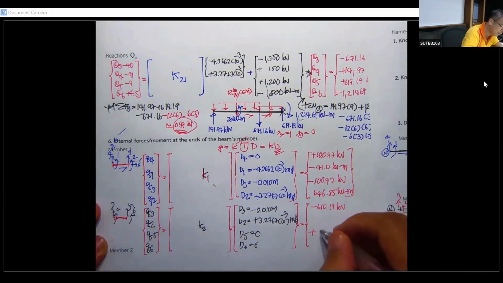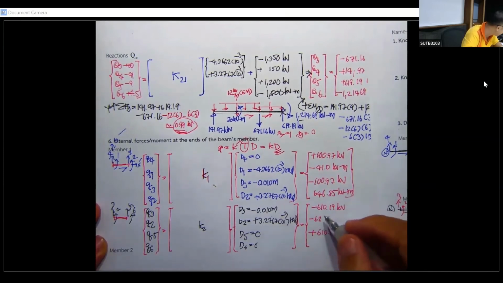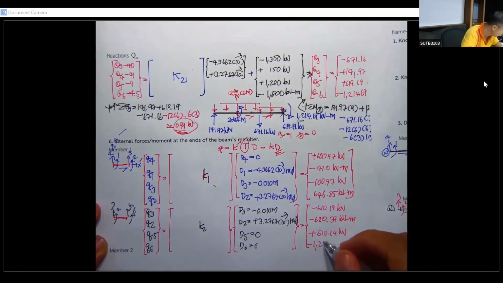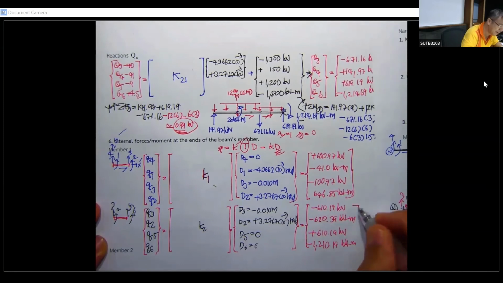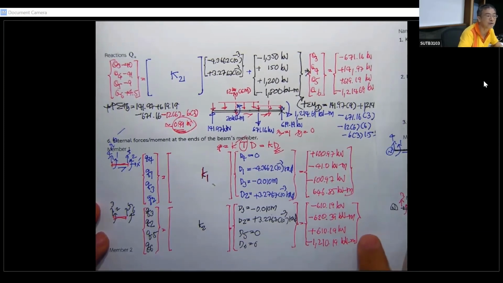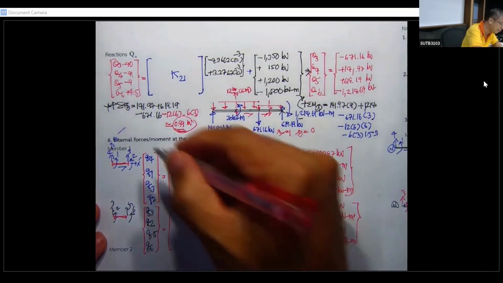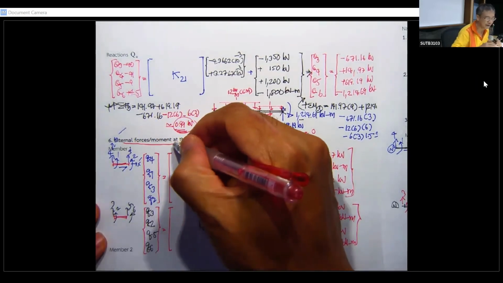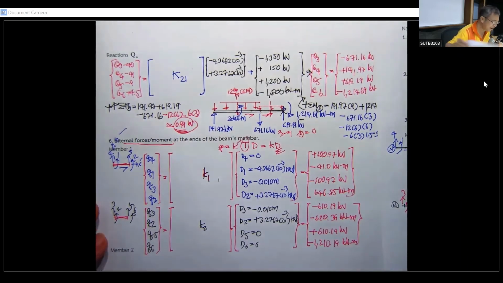This is going to be positive 610.19 kilonewton, minus 220.39 kilonewton meter, and this one 1210.19 kilonewton meter. This is not the internal force and moment yet. You have to put the fixed end moment and fixed end shear into it.